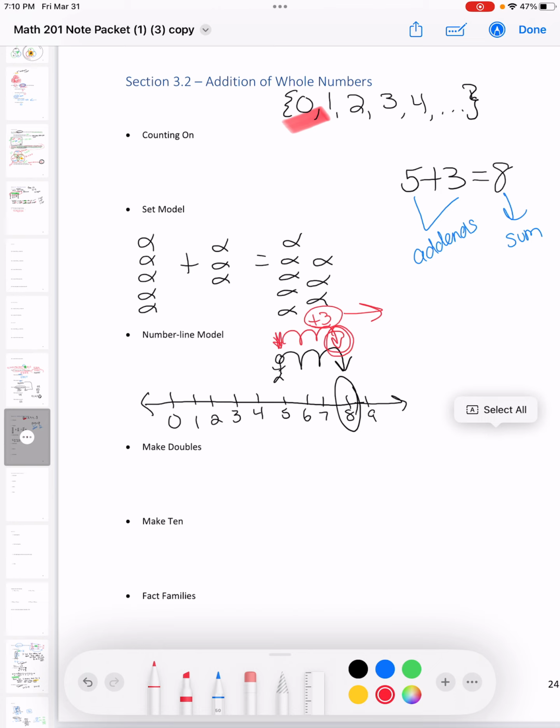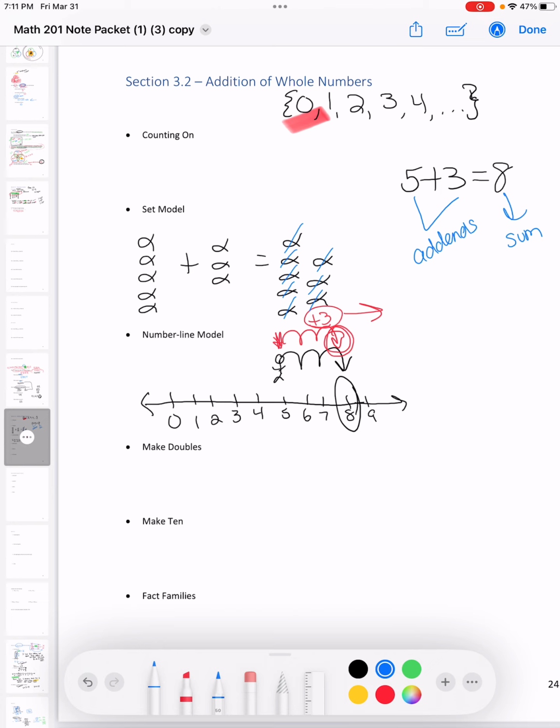Now I'm going to go back up to this idea of counting on. And this is something we would like students to be able to do at the end of kindergarten and the beginning of first grade. So with this, I'll just stick with this 5 plus 3 problem. If we can go the set model, number line model, we don't want students to go 1, 2, 3, 4, 5, 6, 7, 8. That's a correct way to do it.